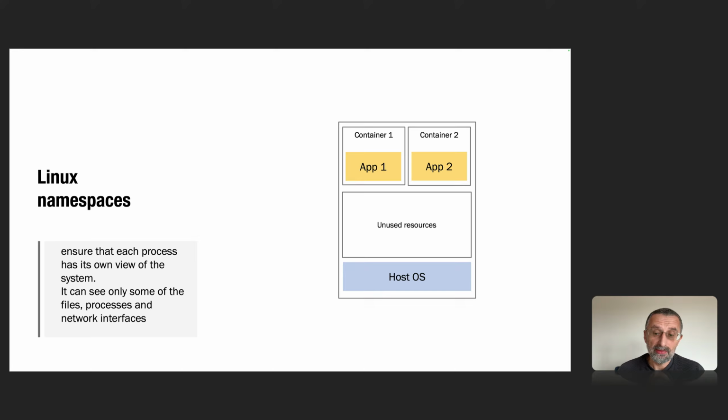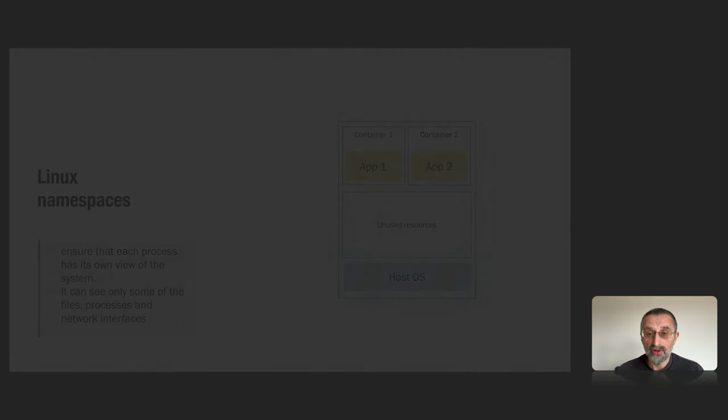That's probably the reason why people who are responsible for IT security and safety do not like Docker as an environment in many cases. Linux namespaces ensure that each process has its own view of the system, so it can see only some of the files, processes, and networks. So we can use this mechanism to control safety.